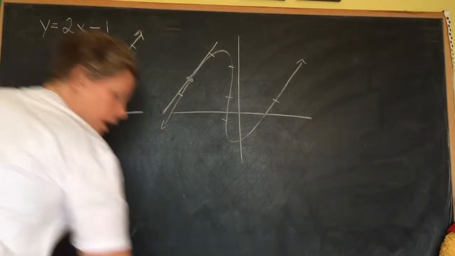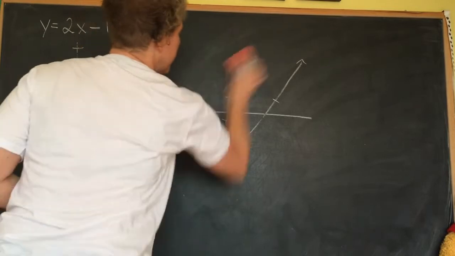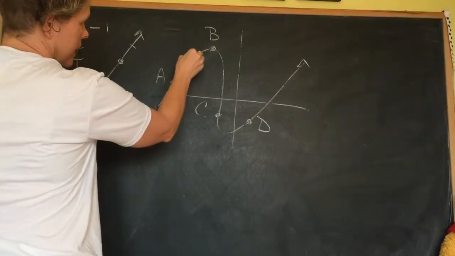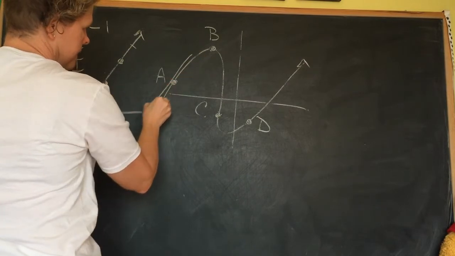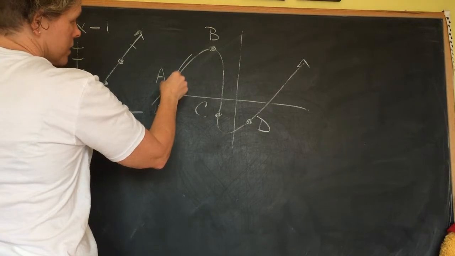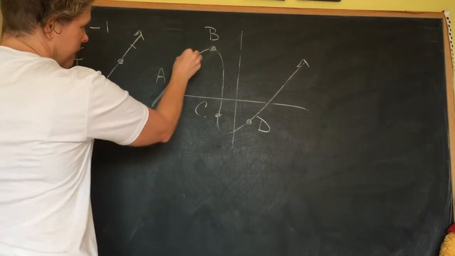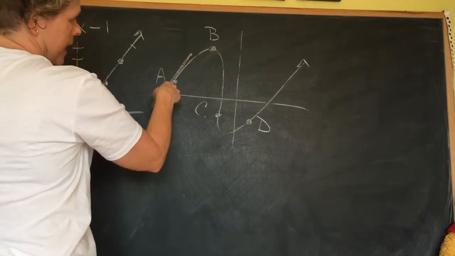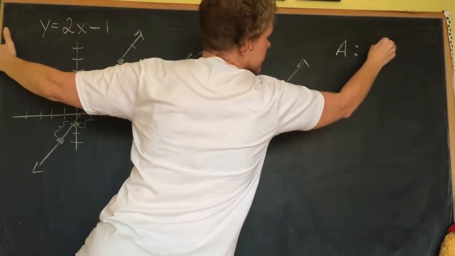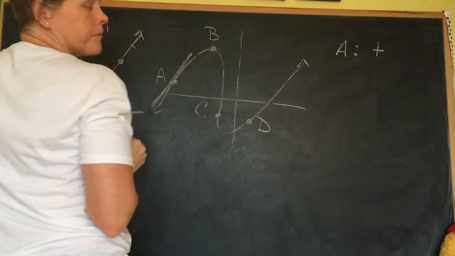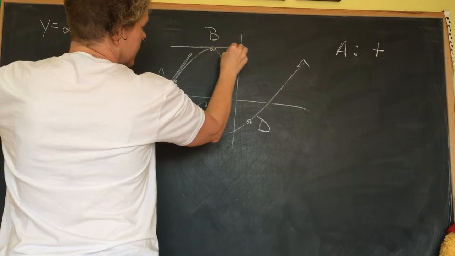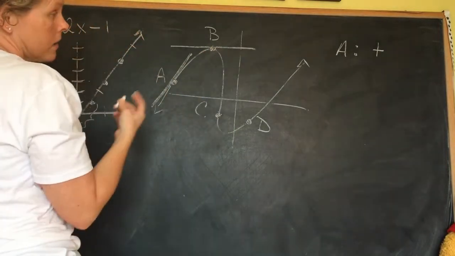So if I redraw that curve, okay, if I look here and I draw a tangent line at A, if I drew this tangent line right there, that line is going to have a positive slope. So I'm going to write that over on the side: a positive slope. If I look at B, that's really going to be a horizontal tangent line.